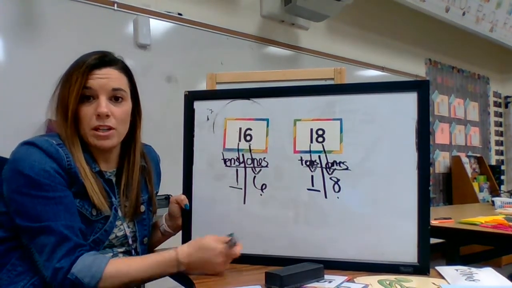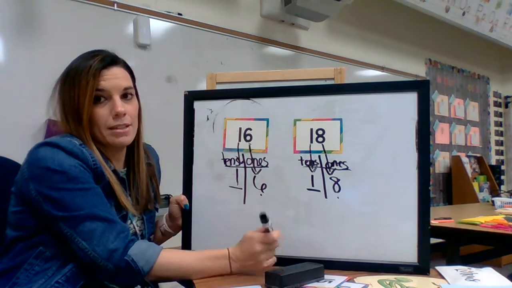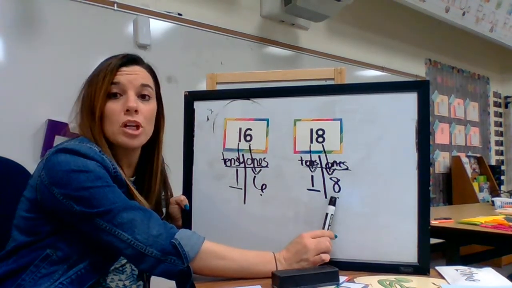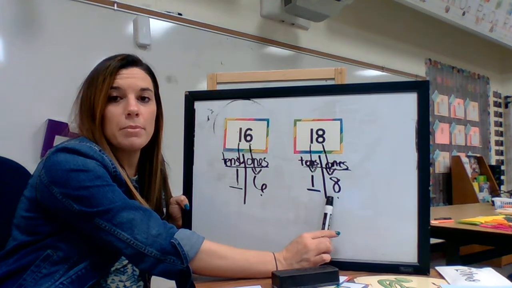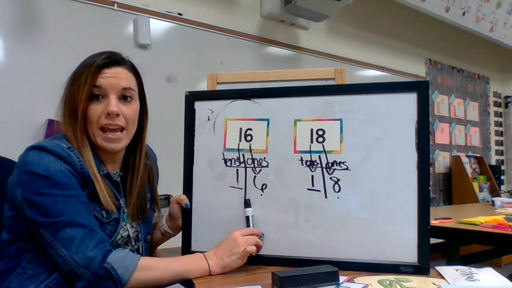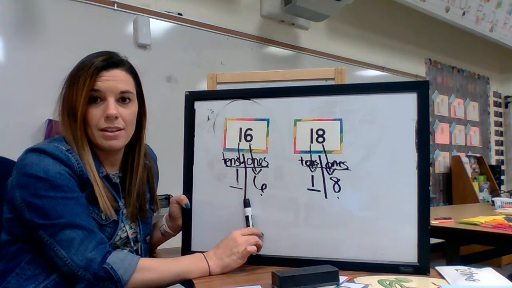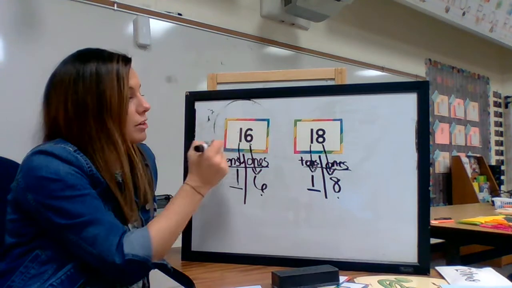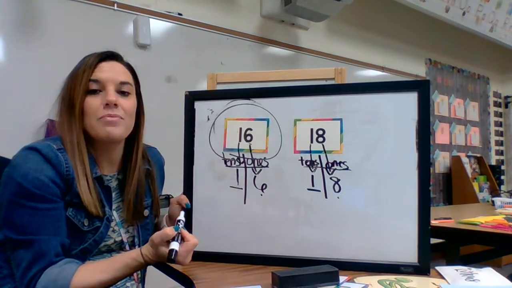Which one is bigger, 6 or 8? 8 is bigger than 6, but remember, we are looking for the smaller number. So is 16 bigger or smaller than 18? It's smaller than 18. So since we're looking for the smaller number, I'm going to circle 16.